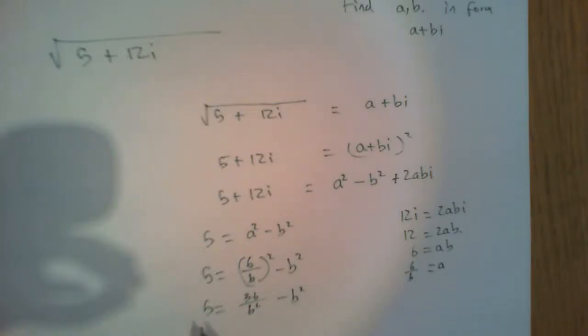Multiplying everything by b squared, I'm going to get 5b squared equals 36 minus b to the power of 4. Let's get them all together, bring these over. So we're going to have b to the power of 4 plus 5b squared minus 36. That looks doable.